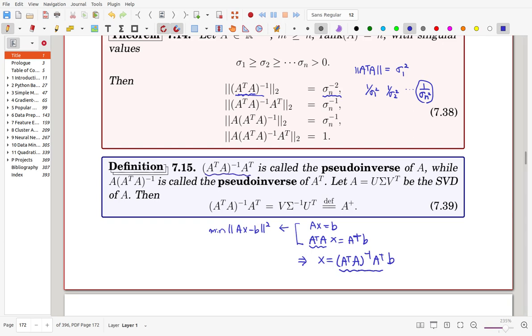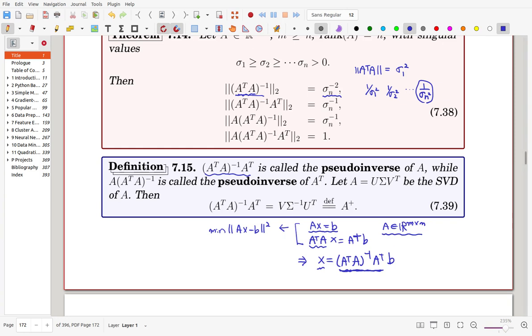It is called the pseudo inverse of A because we start with this one, but A is not a square matrix, and it is a tall matrix. In general A is m by n, so once m is not n, there is no inverse. However, if you consider this one, it looks like an inverse of that one, because x is obtained through this algebraic manipulation. So we call it the pseudo inverse of A.